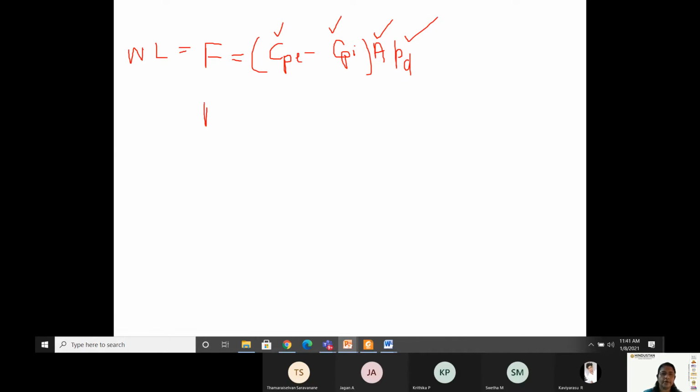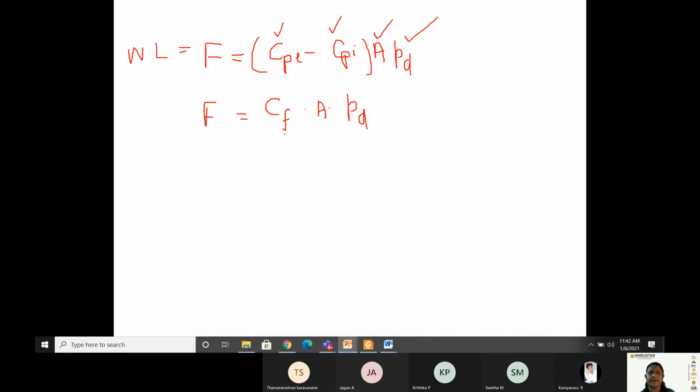Or if it is a dynamic analysis, you have another equation: F is equal to a force coefficient Cf into area into the design wind pressure. I showed you how to calculate the Cf values; the code gives how to calculate the force coefficient based on a number of parameters.